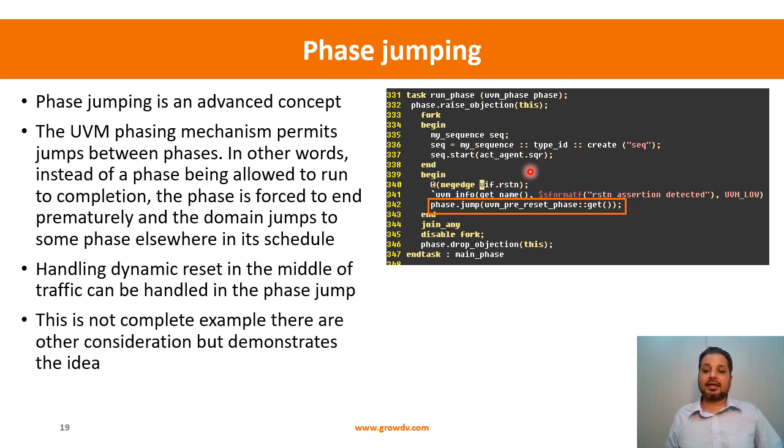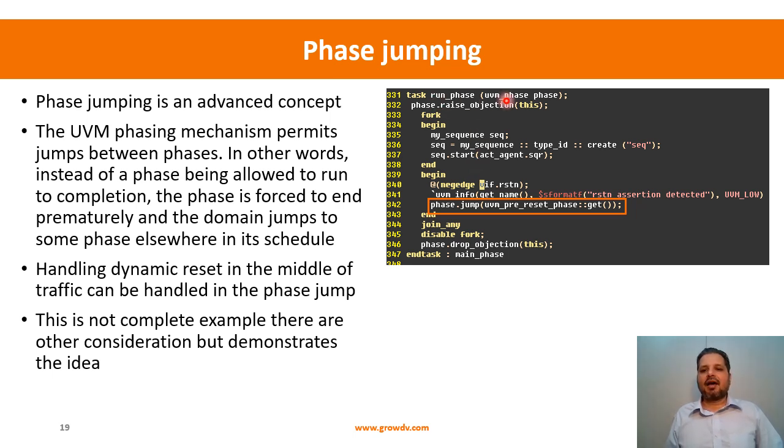Phase jumping is not going to solve dynamic reset handling by itself. I'm not solving the dynamic reset handling problem over here, but I'm just showing how phase jumping can be utilized, and introducing you to the concept so that in future, if you need to find out more, you know that this exists and you can explore more about it.